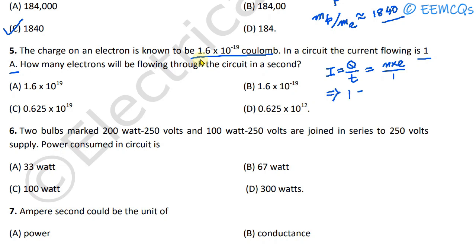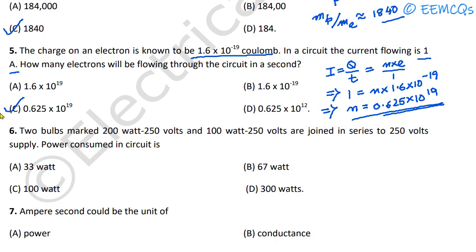So 1 is equal to N into 1.6 into 10 to the power minus 19. So after calculation you will get that N is equal to 0.625 into 10 to the power 19. So for this circuit the number of electrons flowing is basically 0.625 into 10 to the power 19. So the answer here will be C.